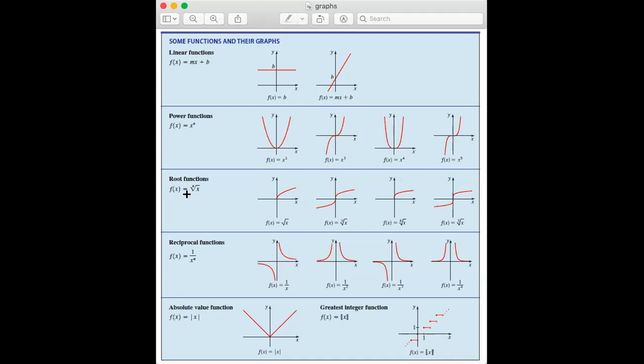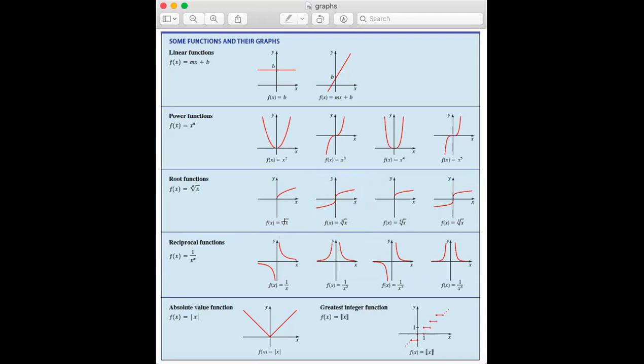Now the root function, f of x equals the nth root of x. If n is 2, so the square root, the graph for square root will look like this. If n is 3, the third root, the graph will look like this. And the same for 4 and 5.